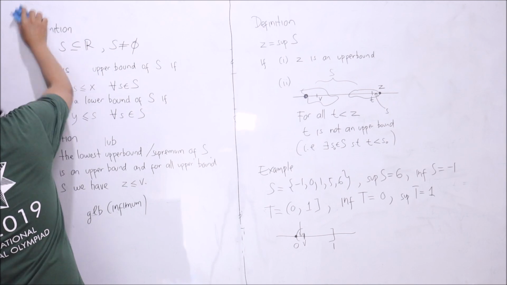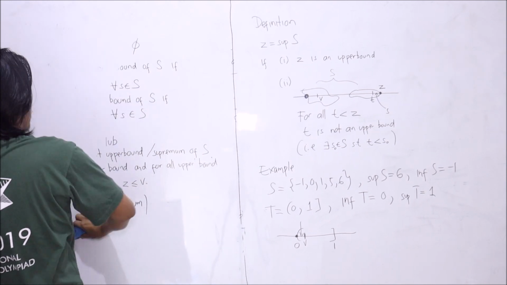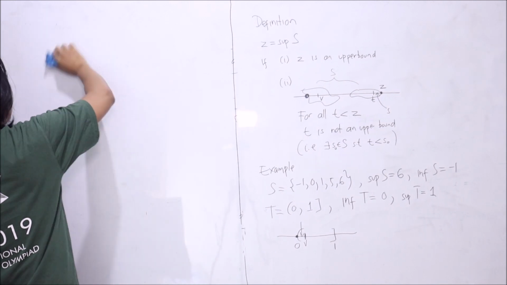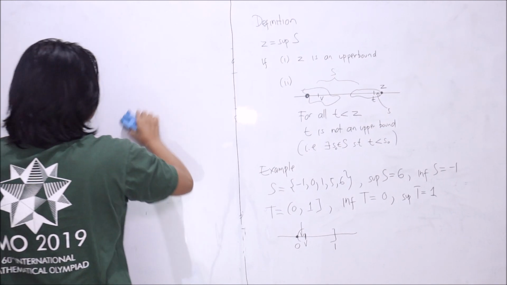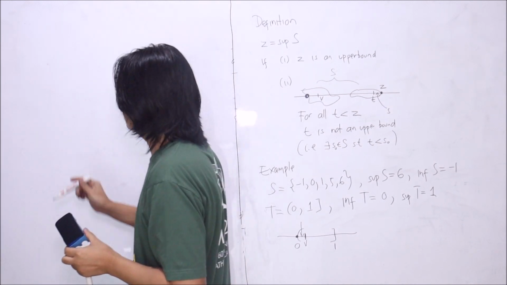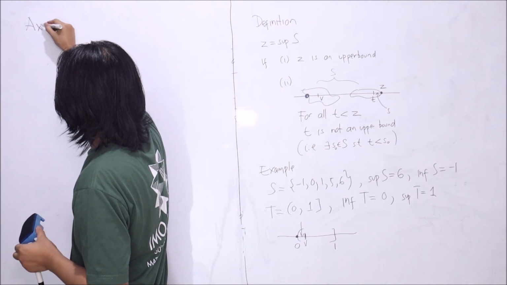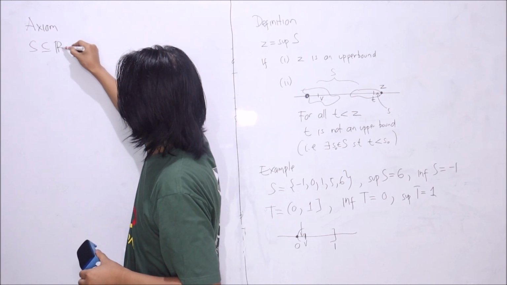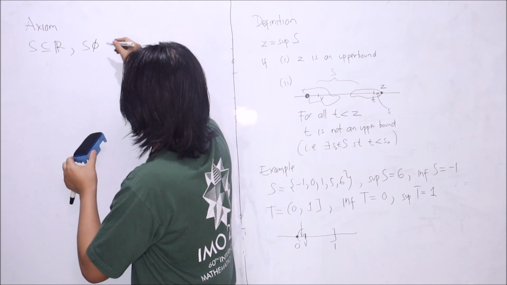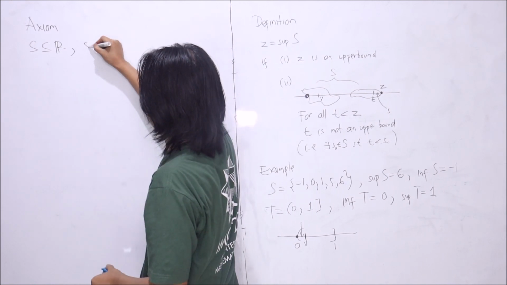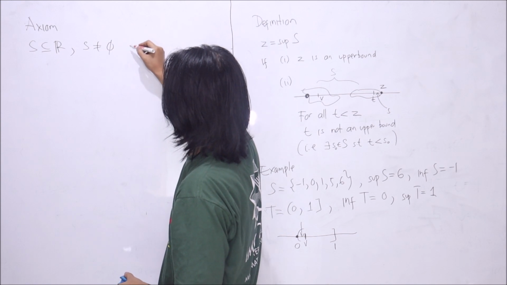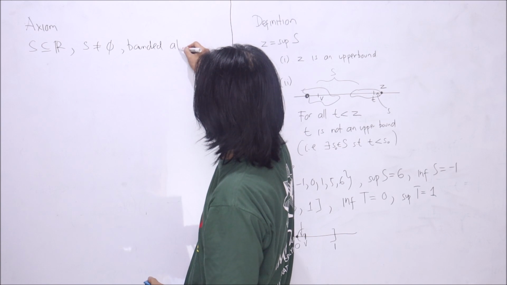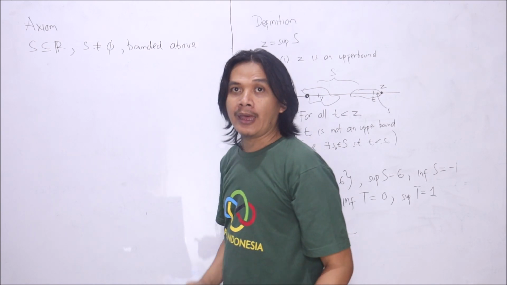So now in the real numbers we have the following axiom of supremum, which says that every subset of R, as long as it is not empty and bounded above, has a supremum.